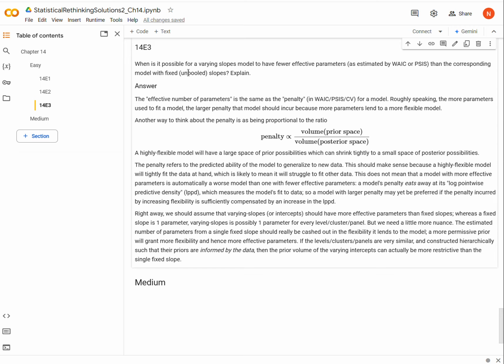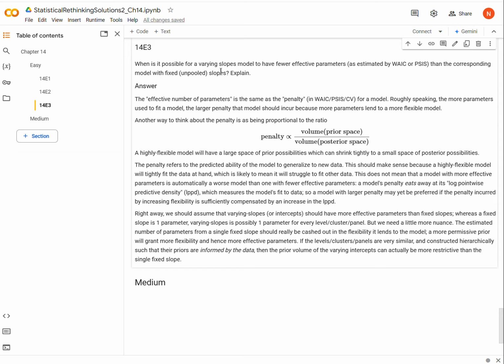Let's directly go to the question. Right away we should suspect that using varying slopes will have more effective parameters than fixed slopes. The idea is fairly simple.